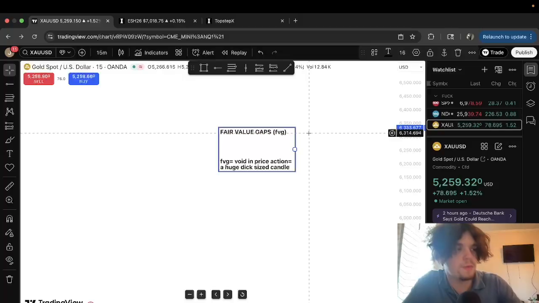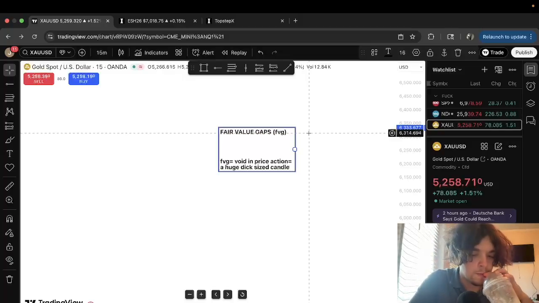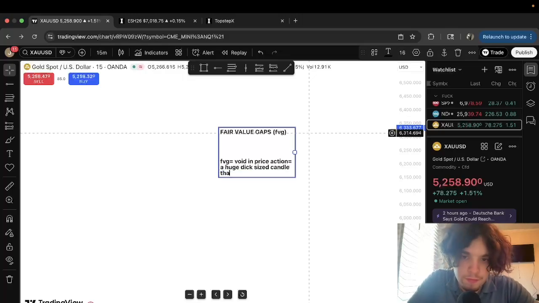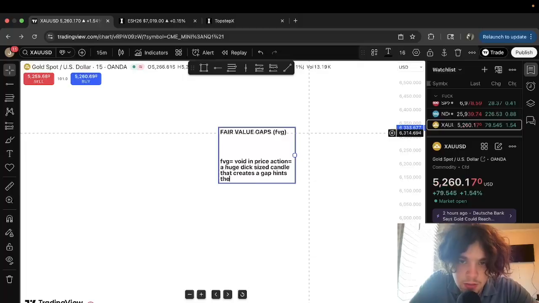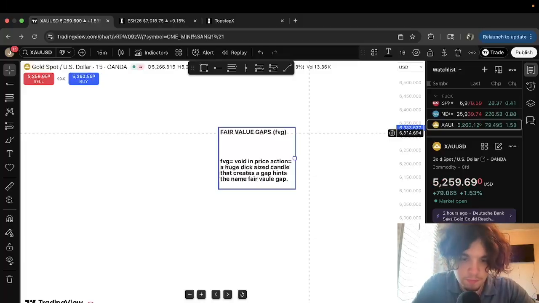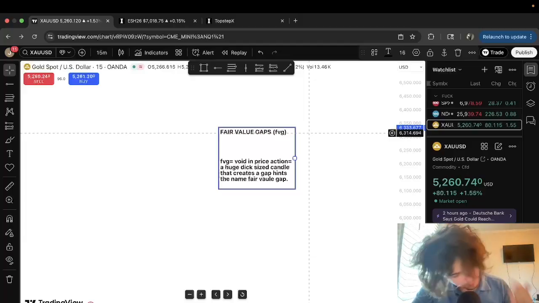Here's a big sized candle that creates a gap, hence the name. Fair value gap, right?